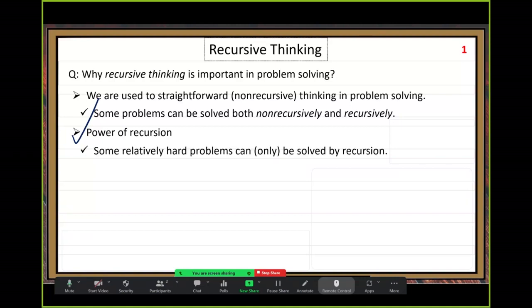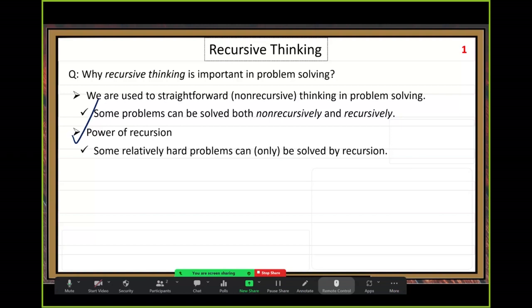Some relatively hard problems can only be solved by recursion. Here I put a parenthesis around "only" because it's slightly different from our textbook. Our textbook says all computing problems can be solved in a non-recursive way.